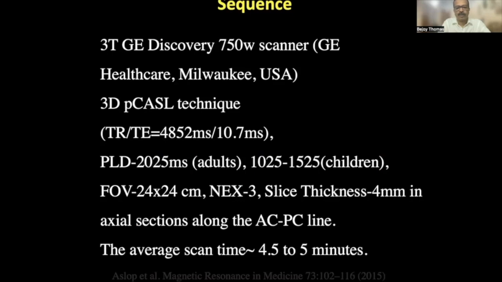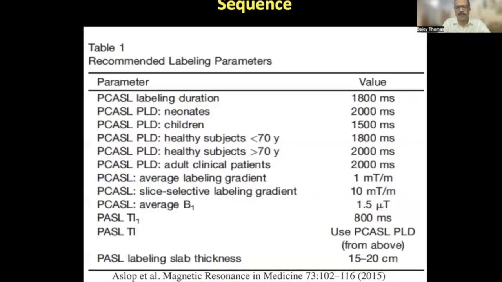Based on the circulation time in the neonate, it can be still very high, but in adolescents and young adults it can be low compared to an older individual. The average scan time is around 5 minutes, and these are the different post-labeling delays recommended in this publication.